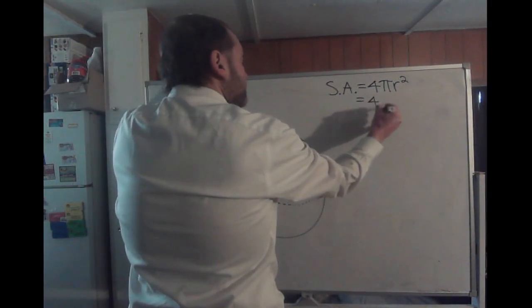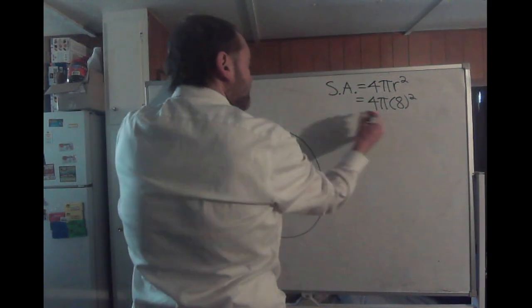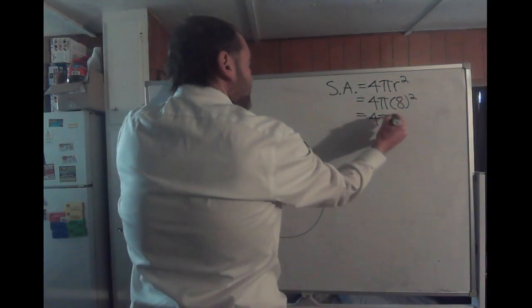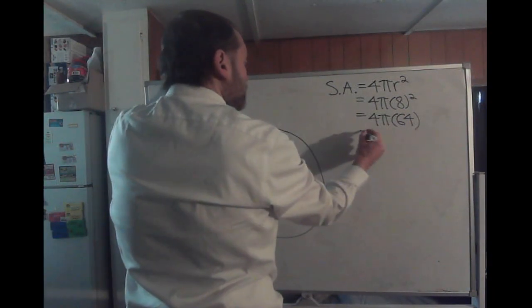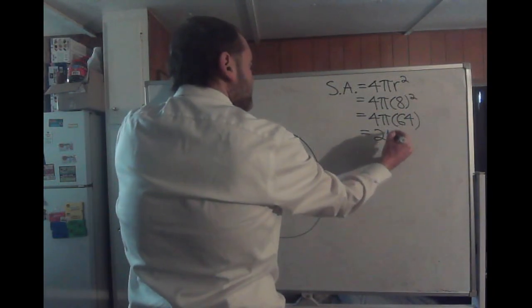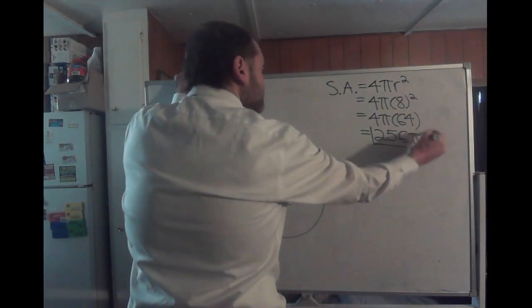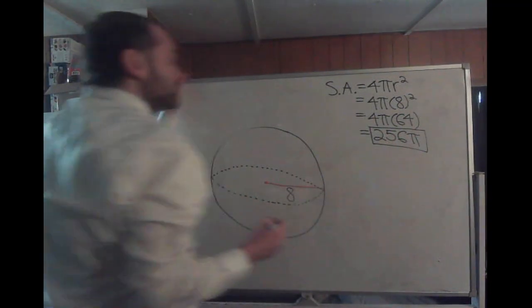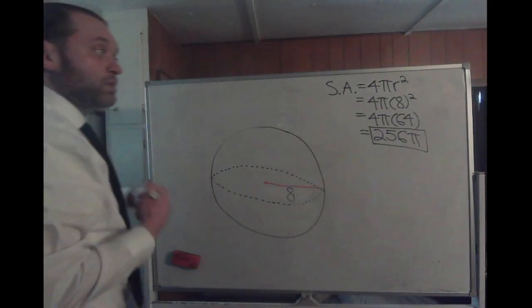So that would give you 4 pi times 8 squared, which is 4 pi times 64, giving you a surface area of 256 pi square units.